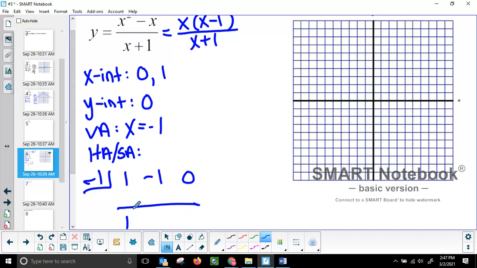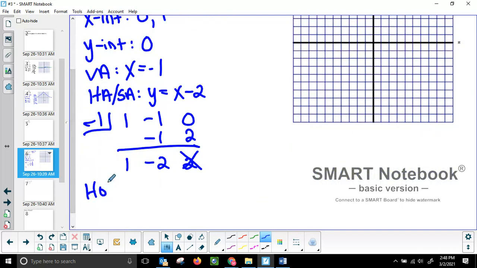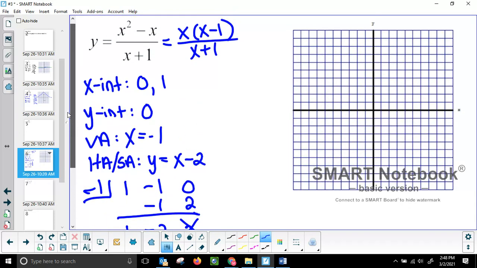Bring my 1 down, multiply, add, multiply, add. Of course, I know I'm ignoring my remainder. So this tells me that my slant asymptote is y equals 1x minus 2, or just x minus 2. Nothing canceled, so there obviously isn't a hole.